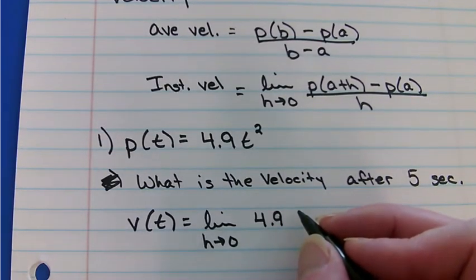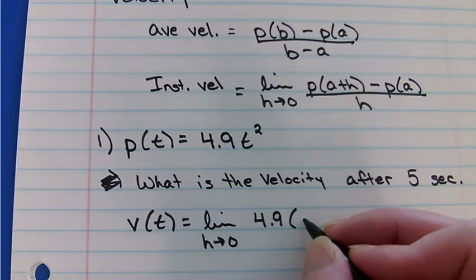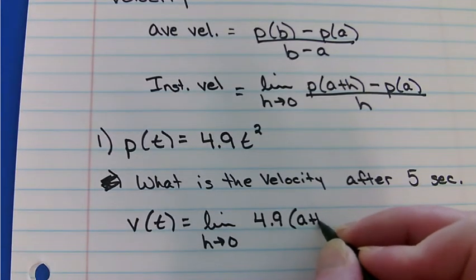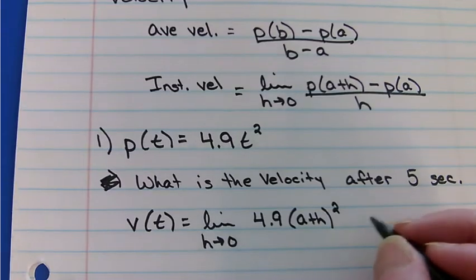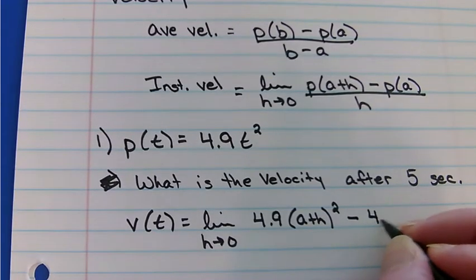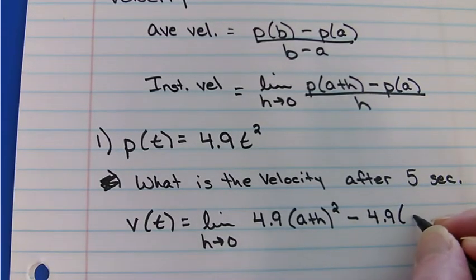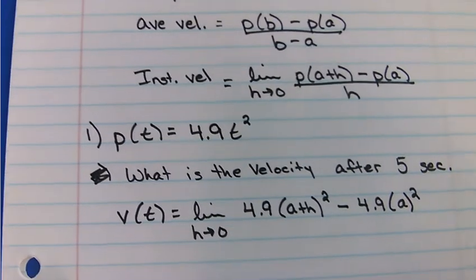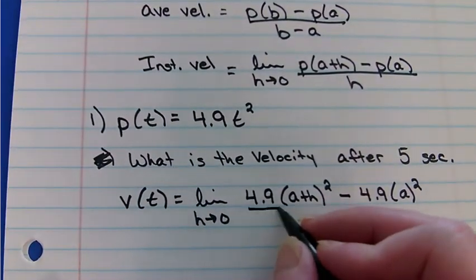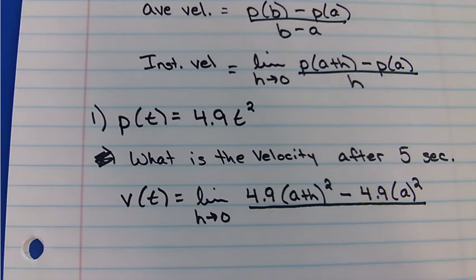And the first time I'm going through this, I'm just going to do a plus h. You'll see why in a second. Minus, we're going to come up with a formula, and I wish I hadn't used a because that might be confused for acceleration, but we'll deal with it.